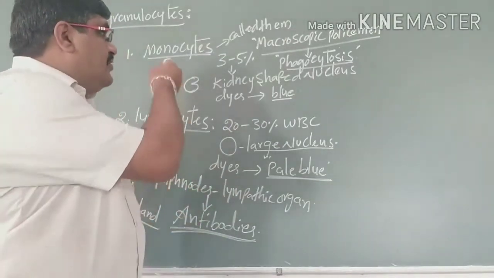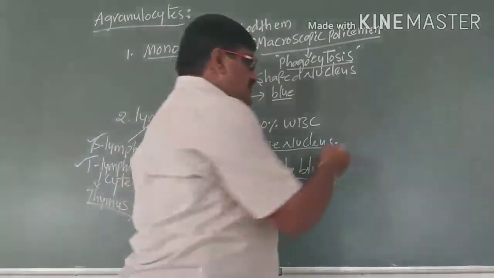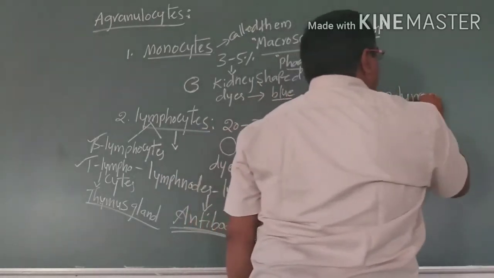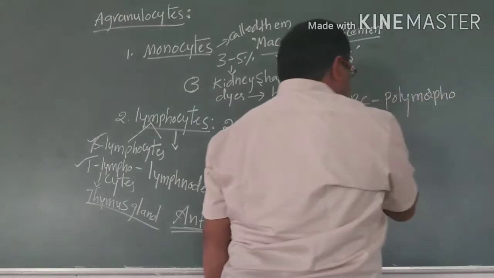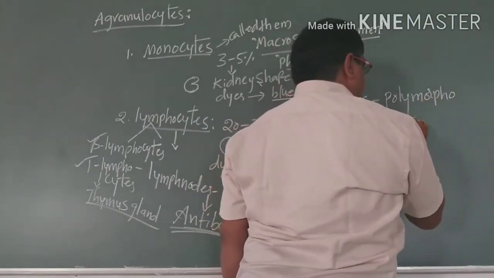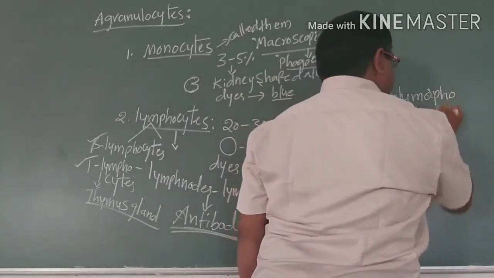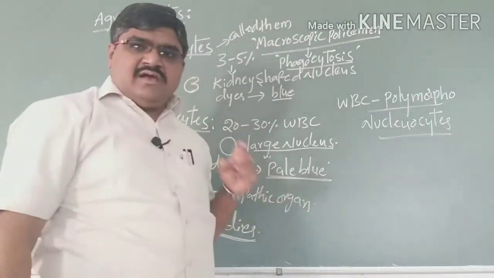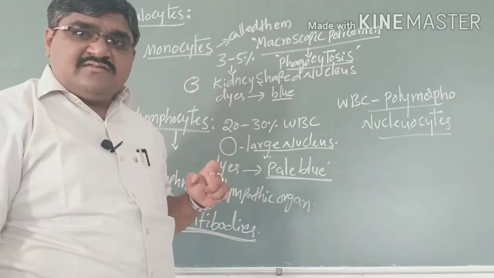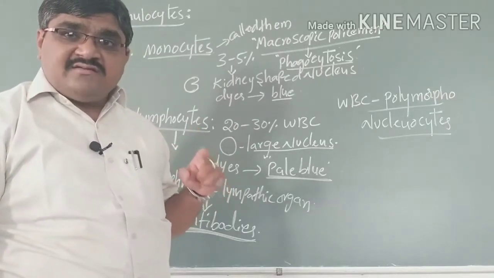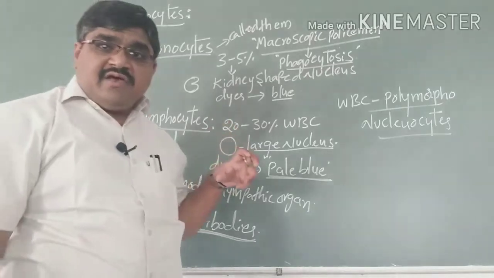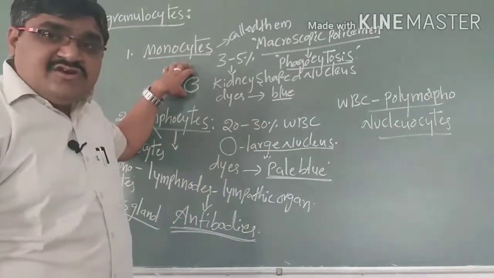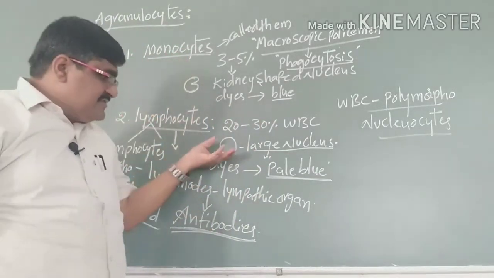And also, we can call WBC polymorphonucleocytes. As already discussed, acidophils have two lobes, basophils have an S-shaped nucleus, neutrophils have 3 to 4 lobes, monocytes have a kidney-shaped nucleus, and lymphocytes have a large nucleus.